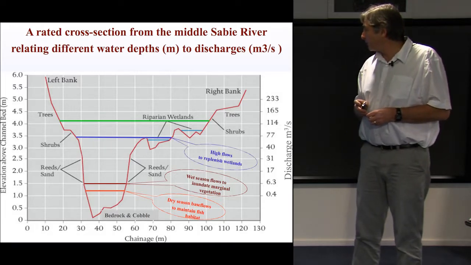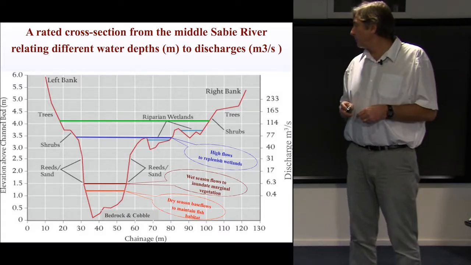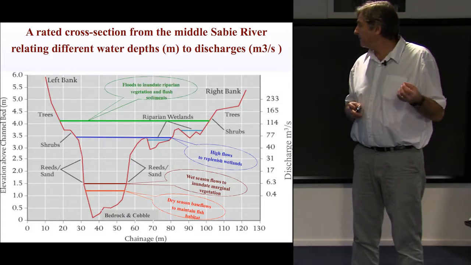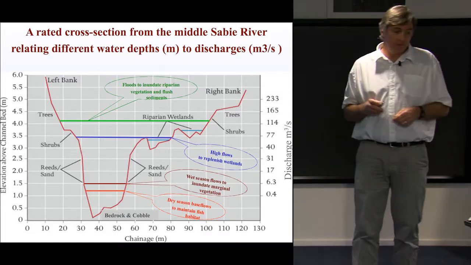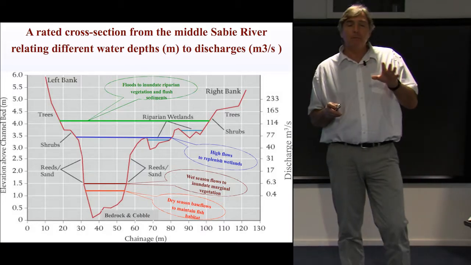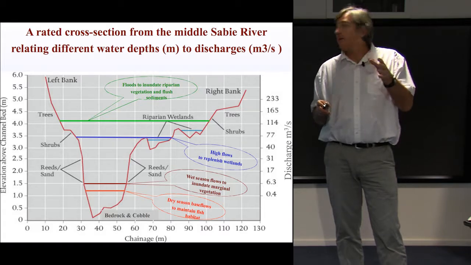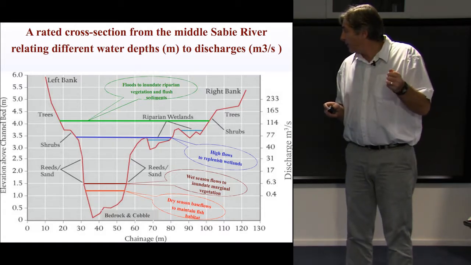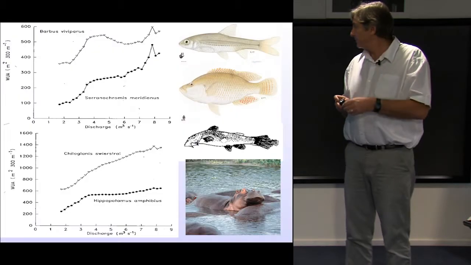Then some high flows, maybe to replenish the wetlands, happening occasionally during the wet season, and then the floods to inundate riparian vegetation and to flush sediments through the system. So that would be, very briefly, the kinds of flows and motivations for those flows which would be provided by the various specialists.